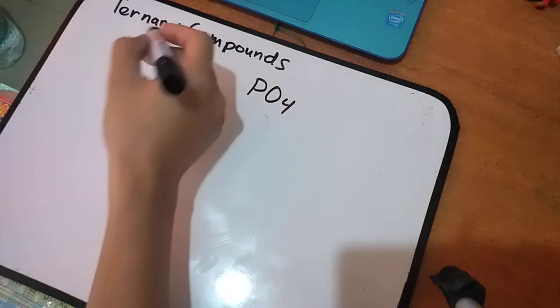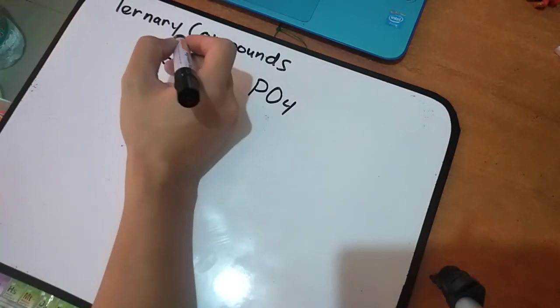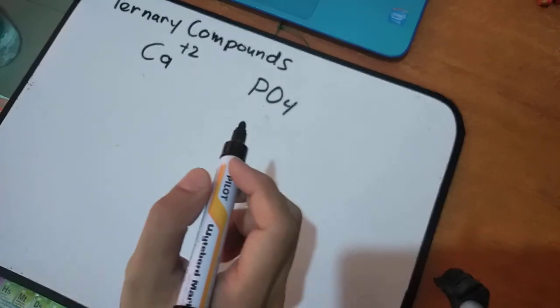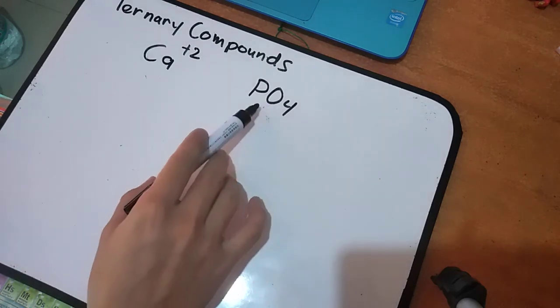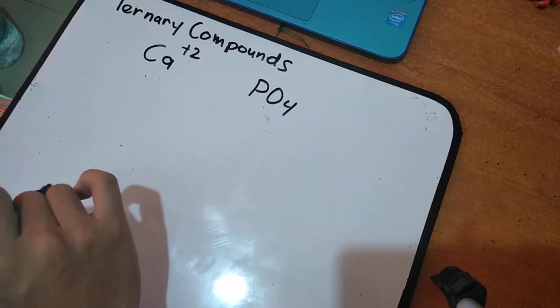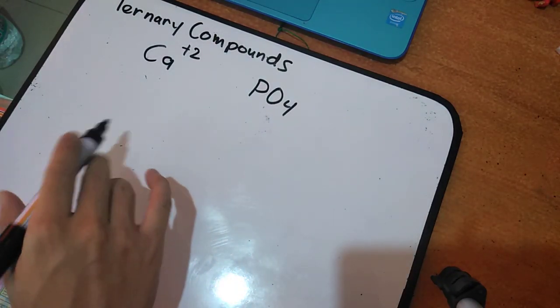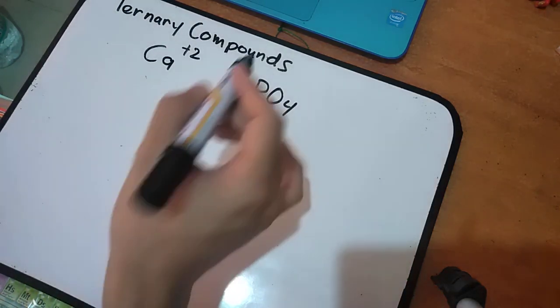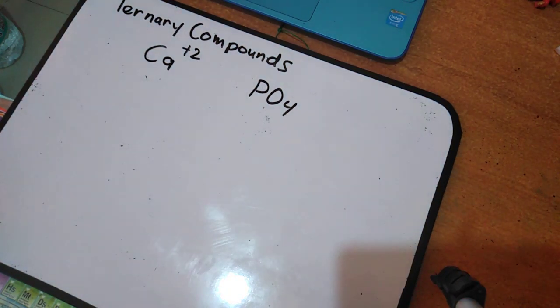Charge of calcium is positive 2, while phosphate would have a charge of negative 3.